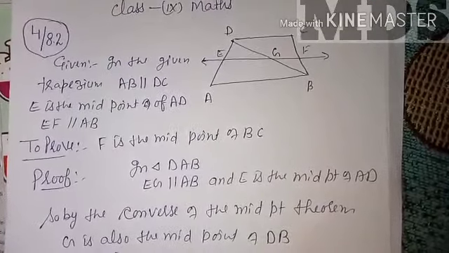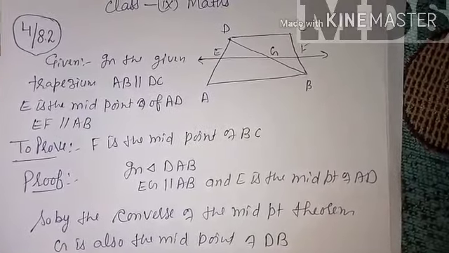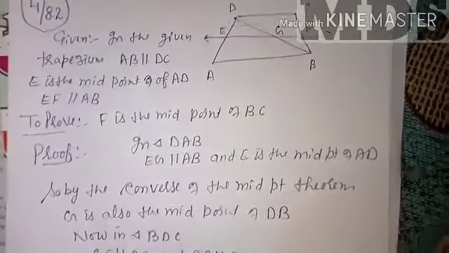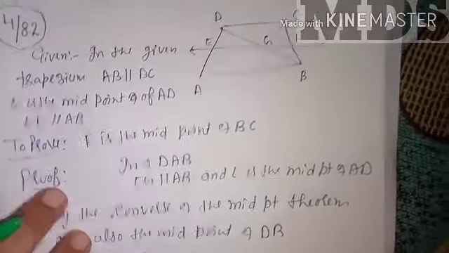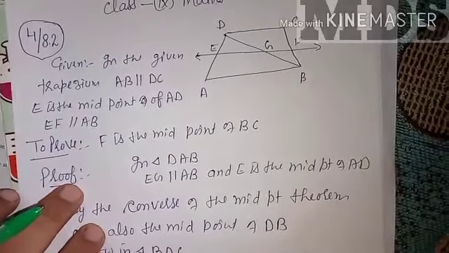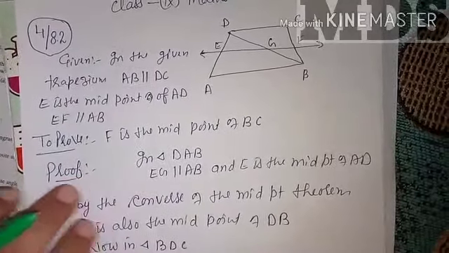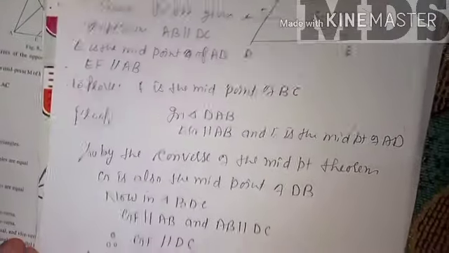Here again GF is parallel to AB, so GF is also parallel to DC, and G is the midpoint of DB, so F is also the midpoint of BC, again by the converse of the midpoint theorem.